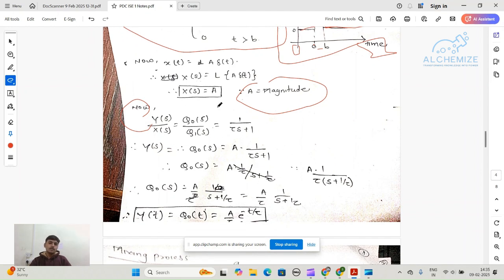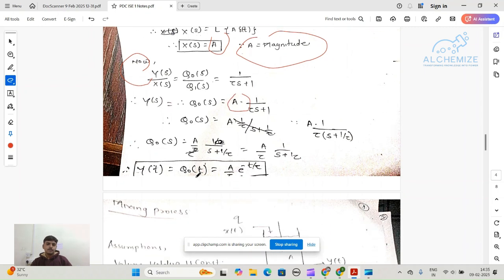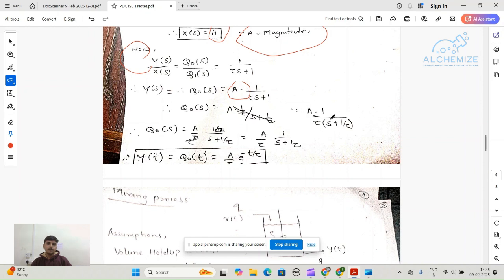So also the same procedure which we have done in the previous example, we have to do for this also. So put here a, so this is in the denominator, it comes in the numerator like this. So now it becomes like this, a into, so I take tau as common from here, to get the standard equation, and I got this equation here.